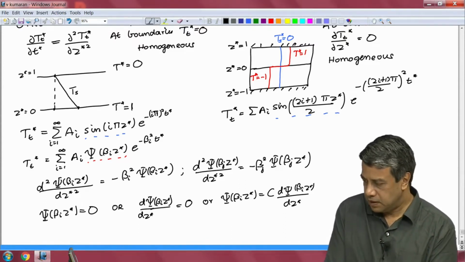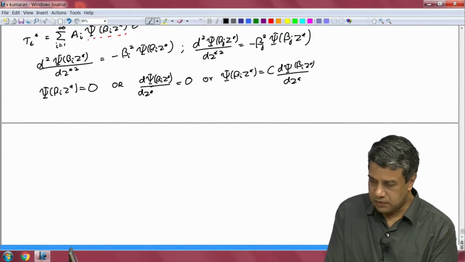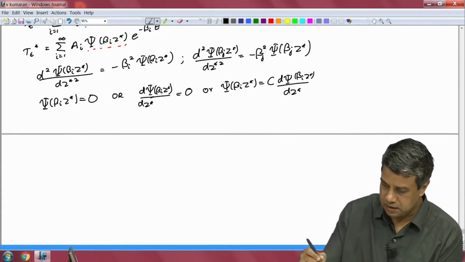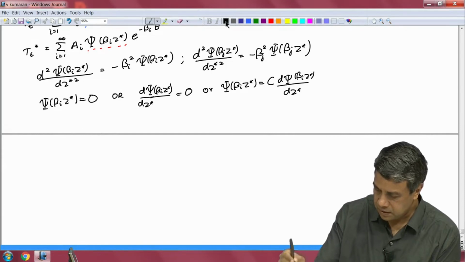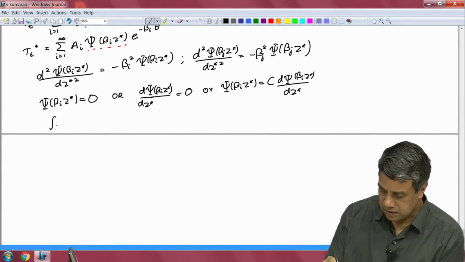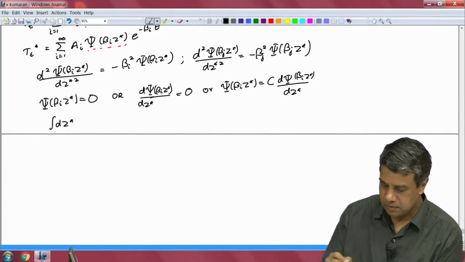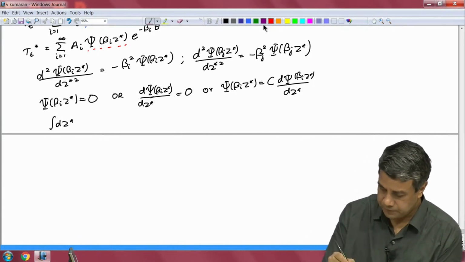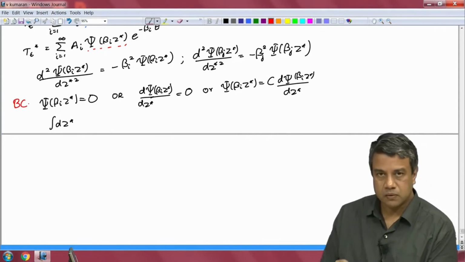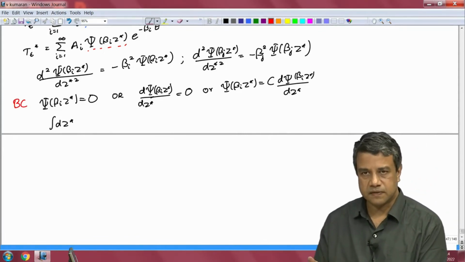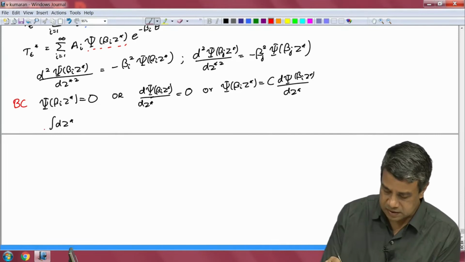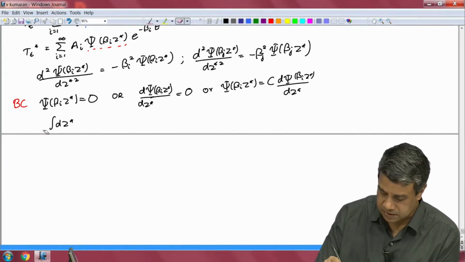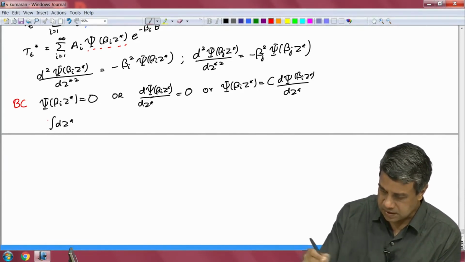So, if I have this homogeneous boundary condition, then I would like to know what is the integral dz between the boundaries. One of these boundary conditions has to be satisfied at both boundaries, which I will call z star is equal to 0 to 1 for simplicity. I can always scale it in such a way that the boundary goes from 0 to 1.